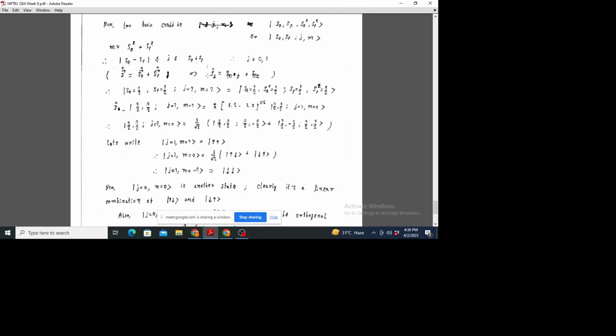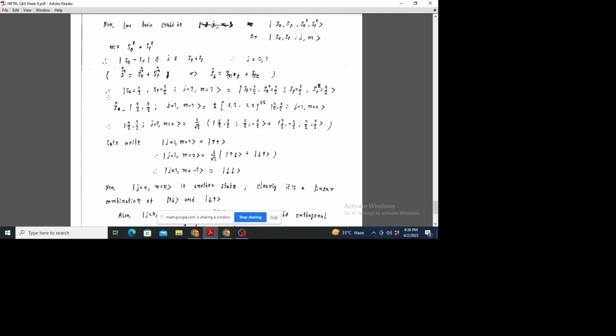And we know the total lowering ladder operator is equal to the summation of the corresponding lowering ladder operators of the electron and positron. So this is the sum of two individual subsystems.